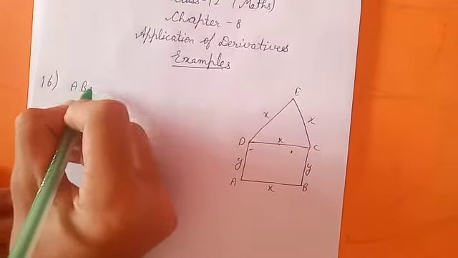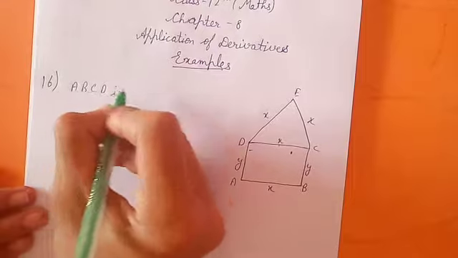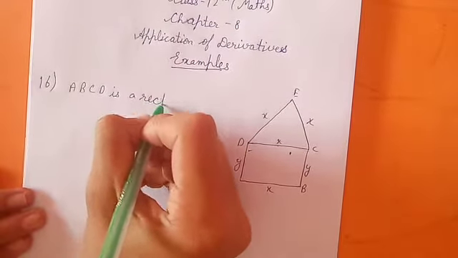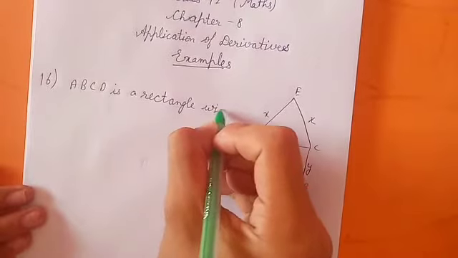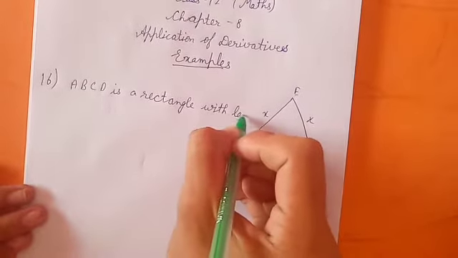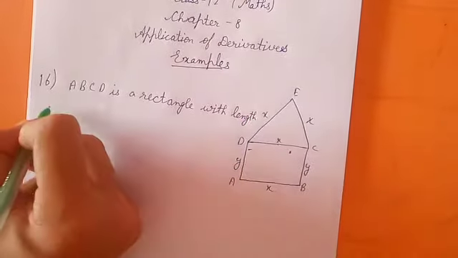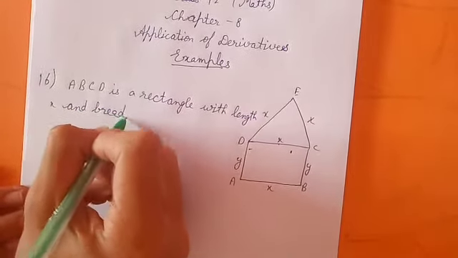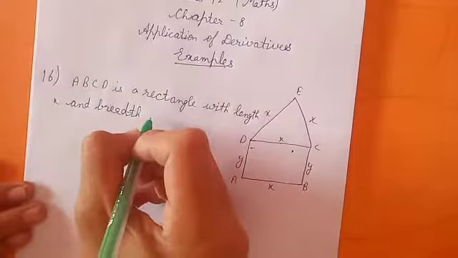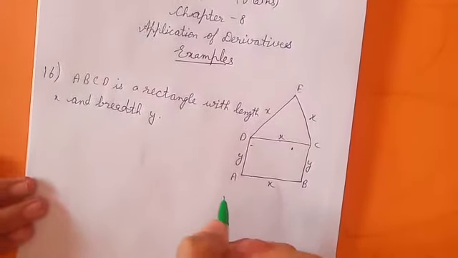So ABCD is a rectangle with length x and breadth y.